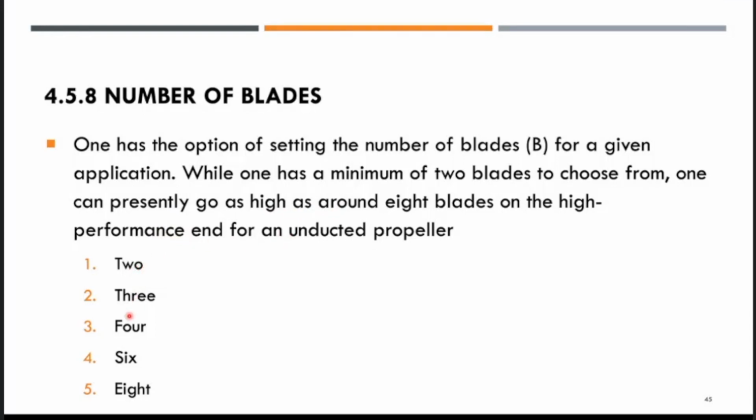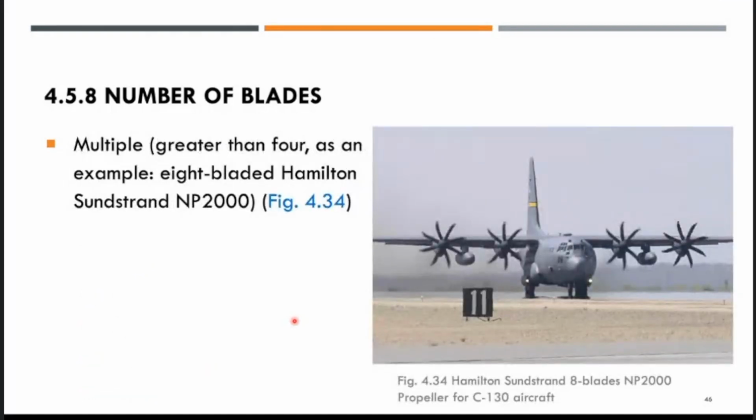You can have 2, 3, 4, 6, 8 blades. For multiple blades greater than 4, an example is the 8-bladed Hamilton Sundstrand NP2000 propeller, which is installed on the C-130 aircraft.